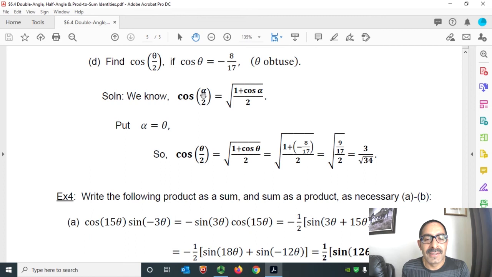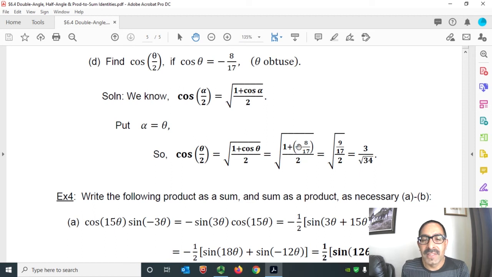Then here cosine theta over 2 equals under the radical 1 plus cosine theta all over 2. We know cosine theta is given to us as negative 8 over 17. So everything else is the same here.